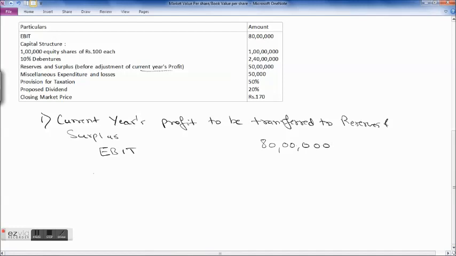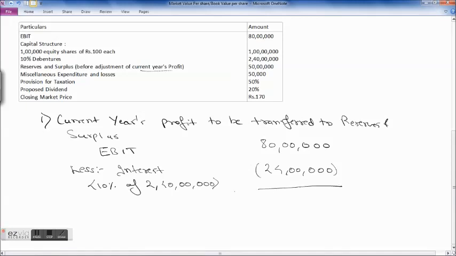Less, first we will deduct interest. How much is the interest? 10% of the debentures, 2 crores 40 lakhs, so that comes to 24 lakhs. So 80 minus 24 lakhs is 56 lakhs. That is earning before tax.